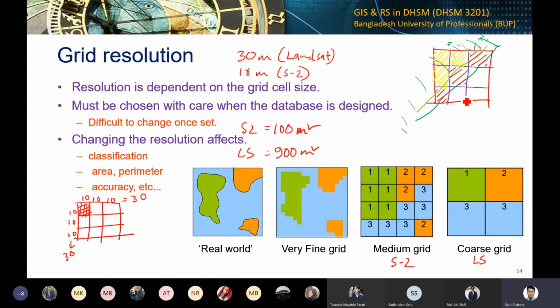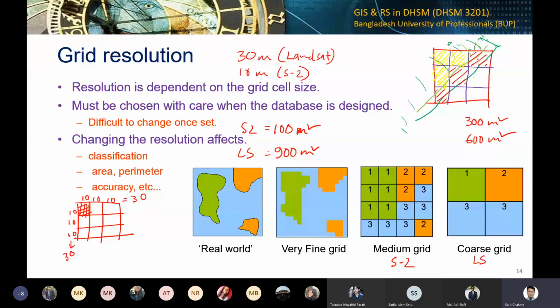1, 2, 3, 4, 5, 6. So in reality, you have lost 300 square meters, but by comparing to the Landsat, you have actually lost 1, 2, 3, 4, 5, 6. So 600 square meters. Okay.